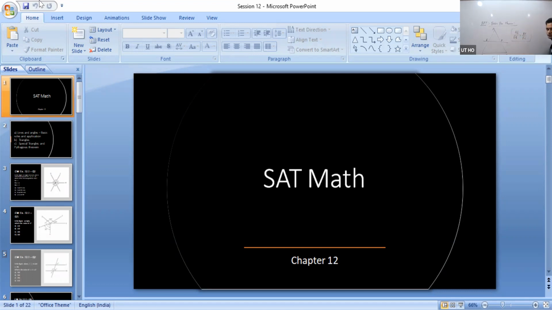Clear? Yes. Okay. Take a specific case when this line is passing through the midpoint of the sides. That is called the midpoint theorem. Let's say this is triangle PQR.